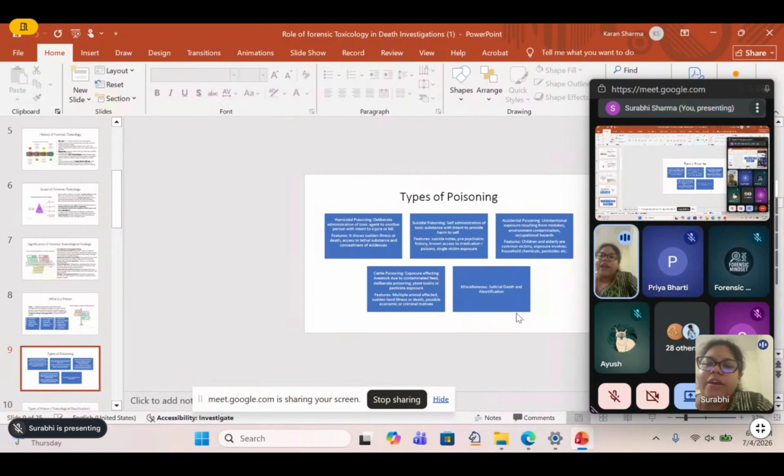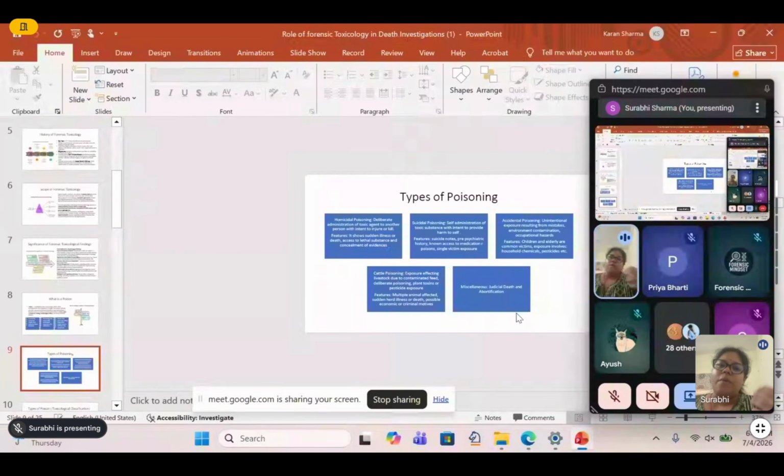Then we have suicidal poisoning, a poisoning in which we engulf or administer that particular poison by our own self. We know that particular thing is very harmful for us, and still we are taking it. That is suicidal poisoning. For example, many cases come in which a person has engulfed mosquito repellent, or has taken naphthalene balls, which are very poisonous.